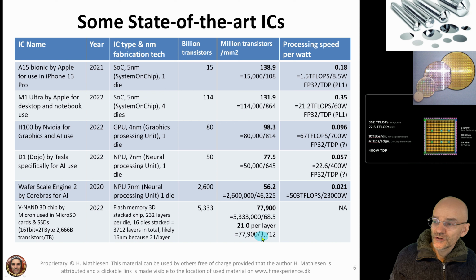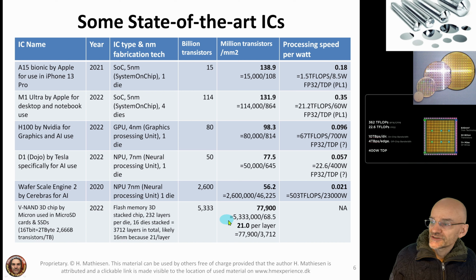Then that gives a total of 3,712 layers in one chip. And that means it has a mind-blowing 78,000 million transistors per square millimeter, way, way beyond the capacity, you could say, of these other computing circuits that are all below 150 million per square millimeter.